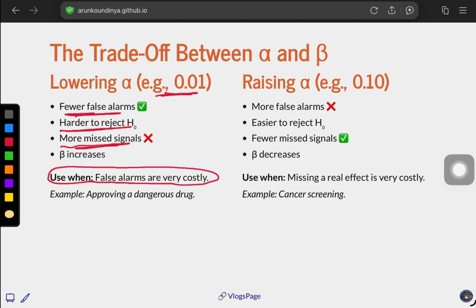Similarly, whenever we raise it, it is easier to reject. It means we are giving a little bit easier chance to reject the null hypothesis. Why? Because whenever missing a real effect is very costly for us, we will be using it. So of course there will be fewer missed signals, but there will be more false alarms, right?